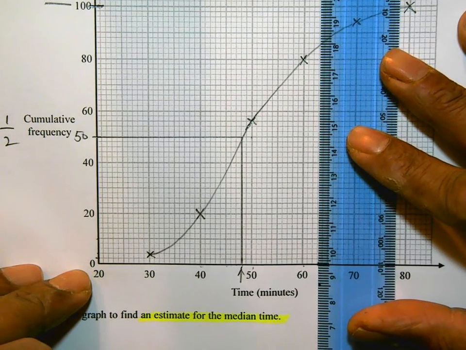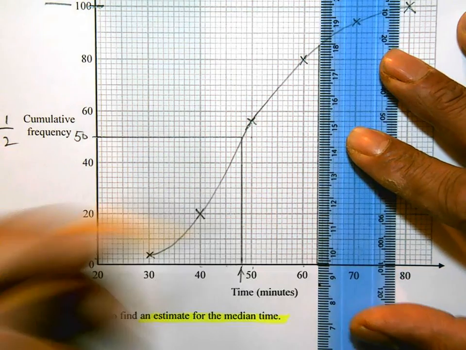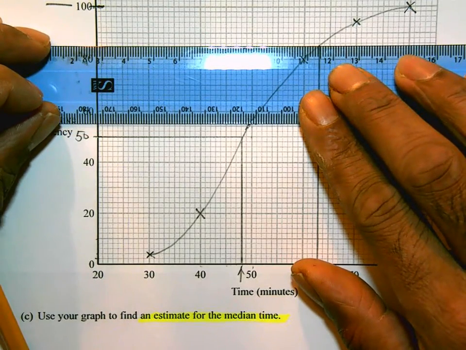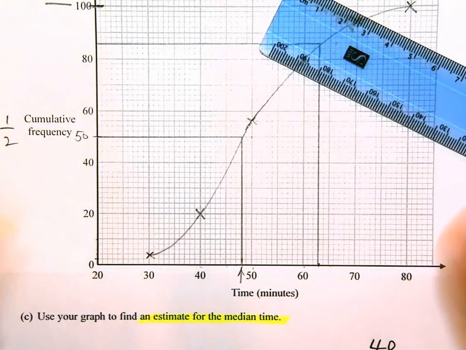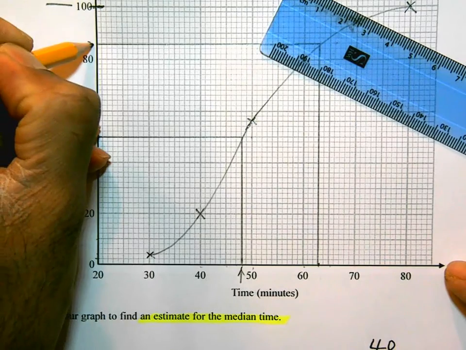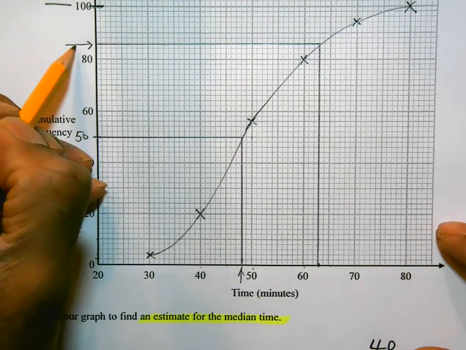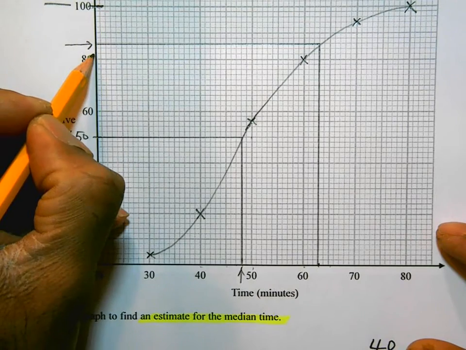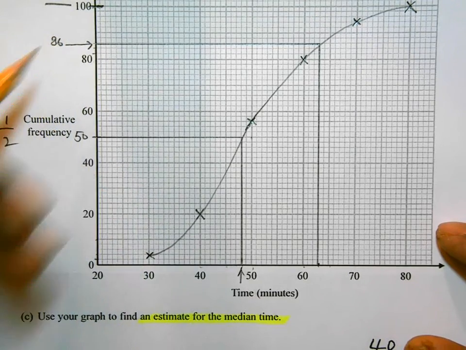So let's have a look at this. Okay, so that value there, remember this is 80, it goes up to 100, so 82, 84, 86.